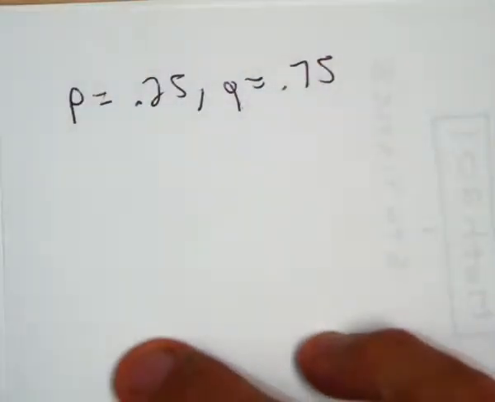Okay, so here's what we got. They gave us a couple things. They gave us that p is 0.25, so they told us that q must be 0.75.